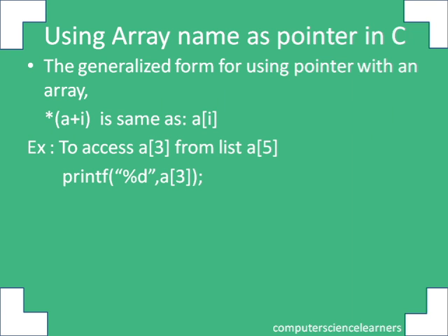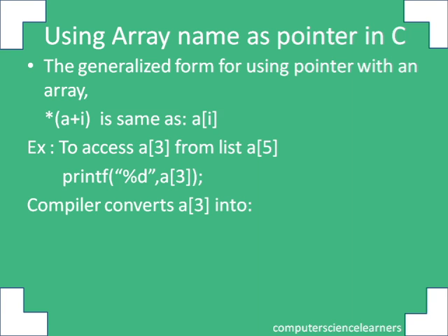Okay, so let us see one example, to access a of 3 from list a of i. Let us say I am having a list a of i having 1 to 5 elements. I am trying to print a of 3 value. Generally we can write the statement printf %d a of 3, then you will get the value present at third index, right?